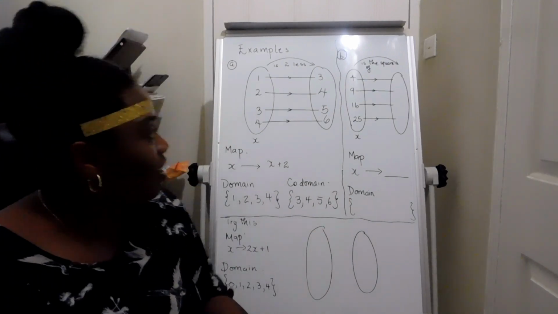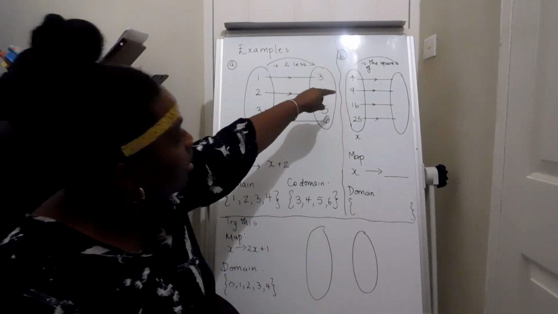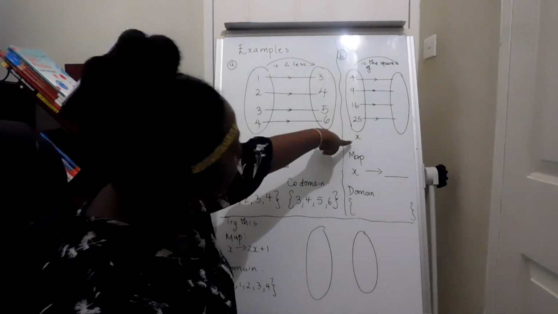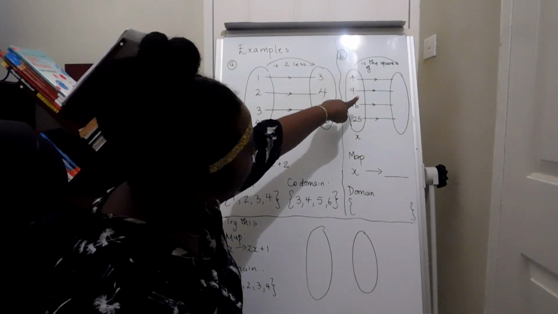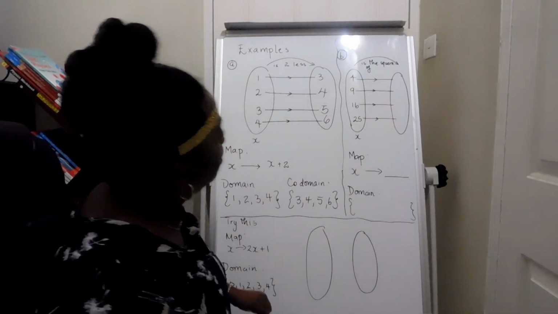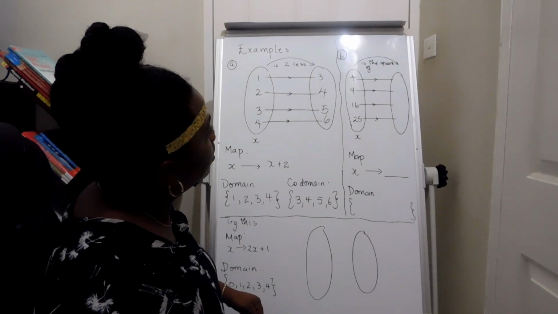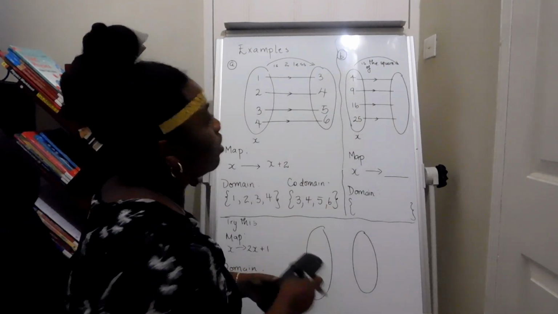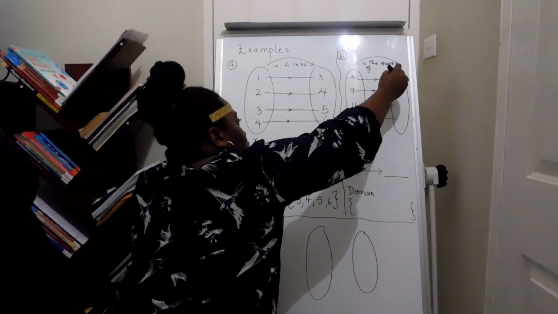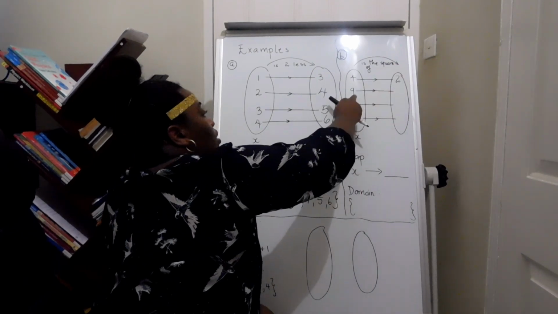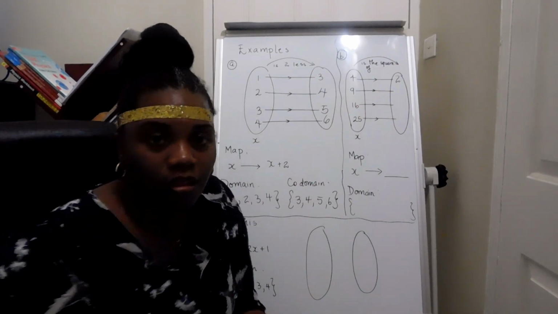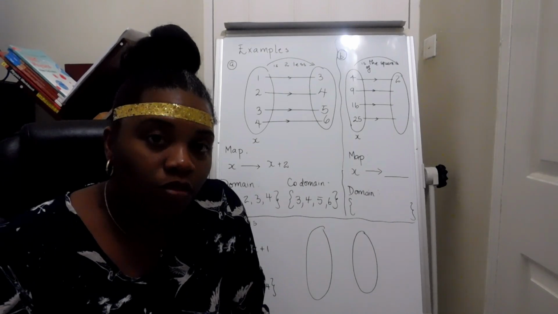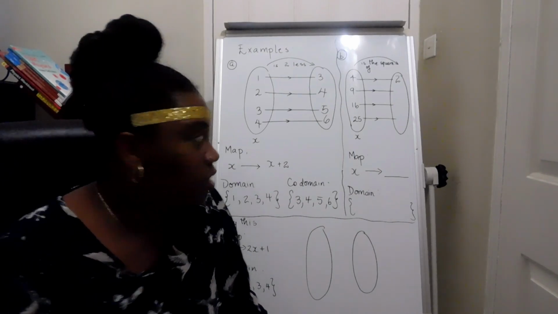So try this one. Here x is the square of whatever is going to be in here. So this is the square of 2. And this will be the square of what? What times what gives you 9? Correct, 3.